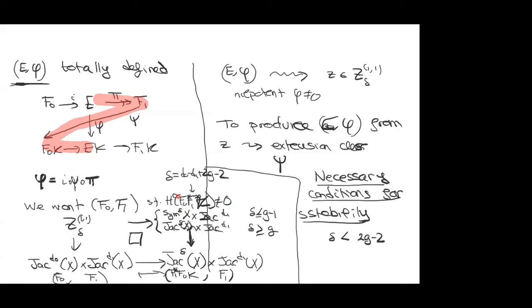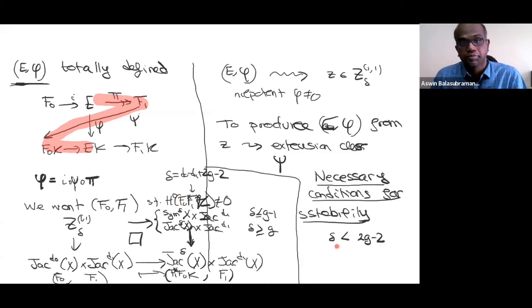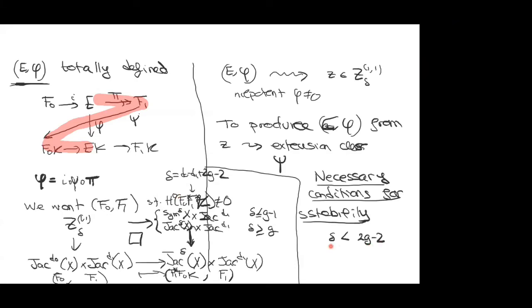What I was saying is that this is a necessary condition for any bundle given by any nilpotent Higgs bundle, which is given by an extension of F1 by F0, to be semi-stable, because F0 is the kernel, which is invariant by the Higgs field. So D0 has to be smaller than D1, and therefore delta has to be smaller than 2G minus 2. This is for semi-stability.